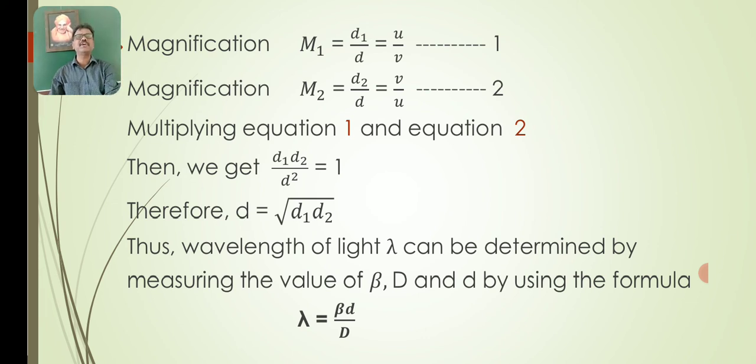By knowing the values of beta, d and D, we can determine the wavelength of the monochromatic light we have used in the biprism experiment. So this is the construction of the biprism, the concept of the biprism, the working of the biprism, and how the wavelength of monochromatic light can be determined by using the biprism experiment.